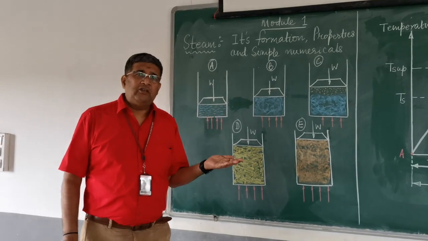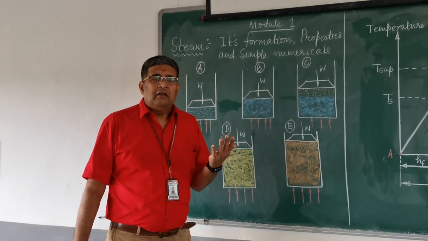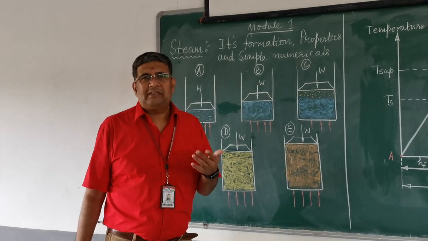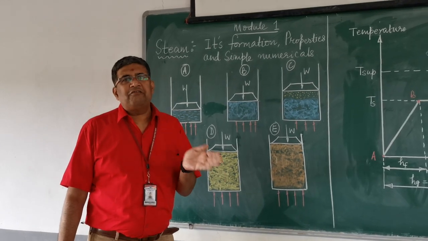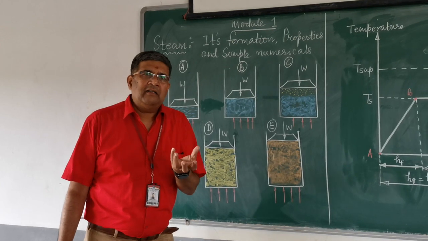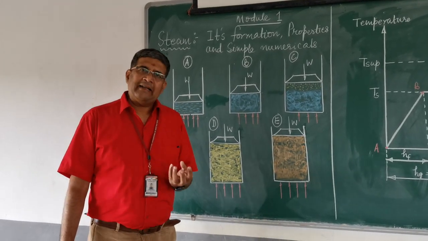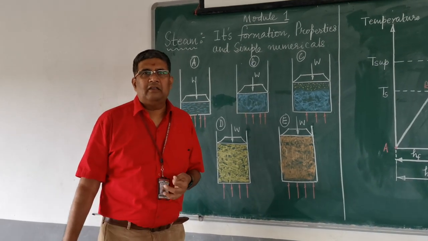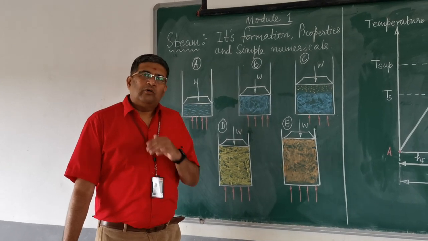So if I take 1 kg of ice at 0 degree centigrade and start adding heat to it, the phenomenon we see is that there will be no rise in temperature, only a change in phase. That heat which is added is called the latent heat of condensation, and latent always means hidden.